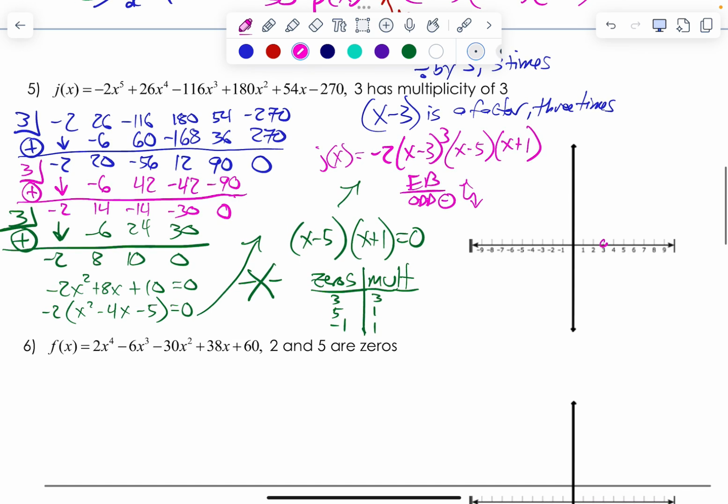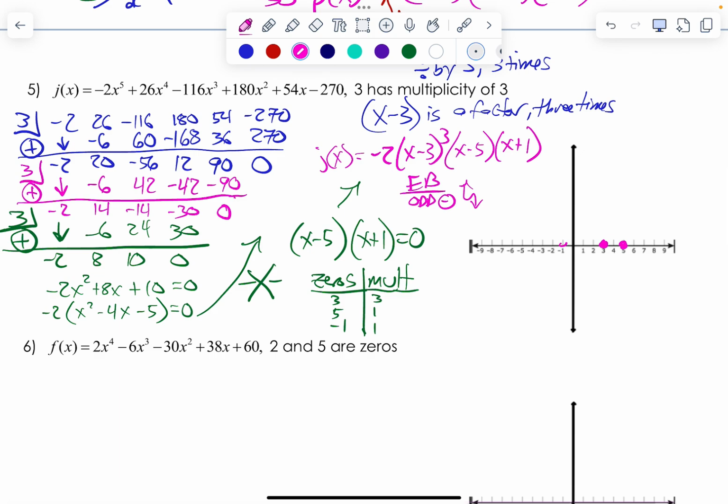All right, zeros, we have a 3, we have a 5, and a -1. We know that it's going to start here and end down here. So linear, curve through. That's kind of ugly, but you get the idea.